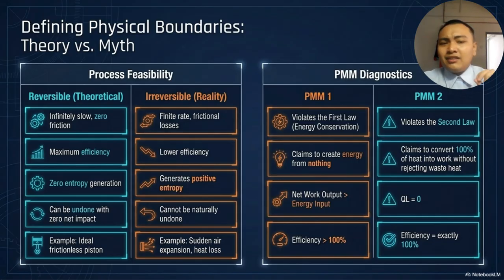This means its efficiency falsely exceeds 100%. PMM2 violates the second law of thermodynamics, as it claims it can convert 100% of heat into work, rejecting zero waste heat and claiming 100% efficiency. Both machines are physically impossible to exist in real life.